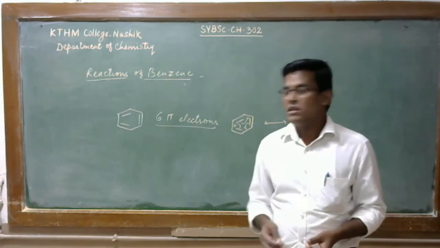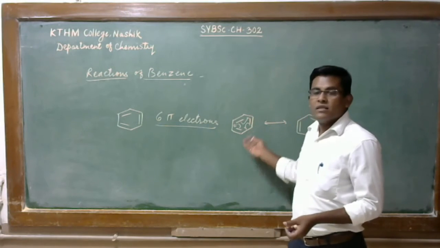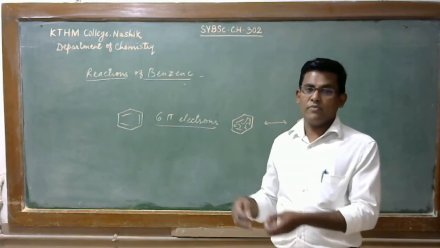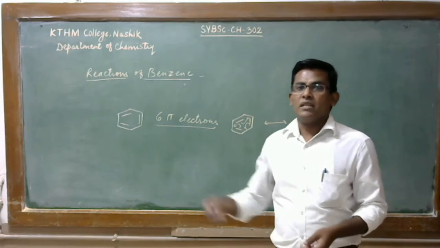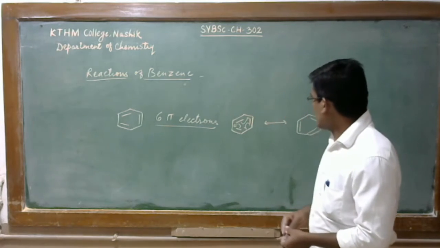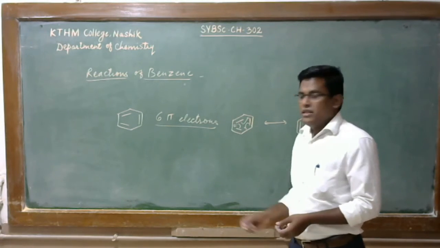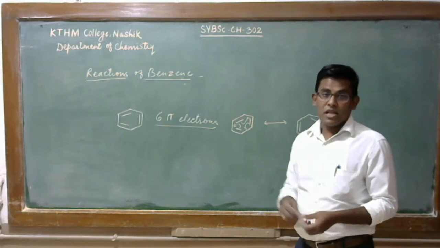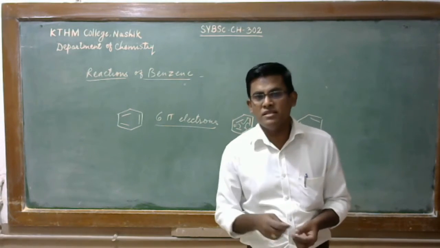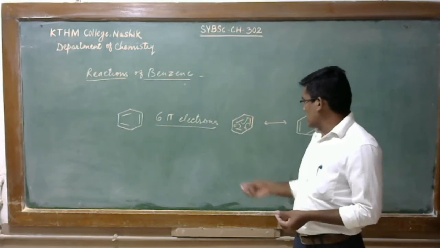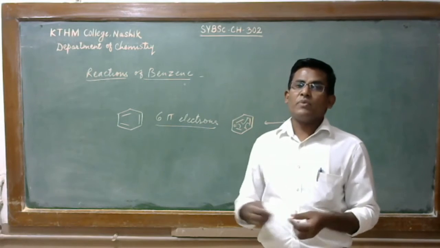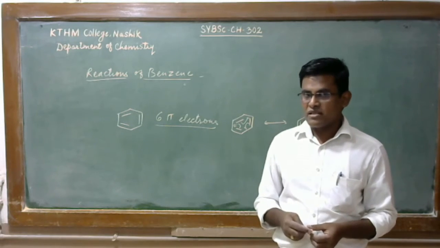That means these pi electrons are easily available for donating to the electrophiles. So this benzene ring serves as the source of electrons. That means this benzene acts as a base. So typical reactions of benzenes are the electrophilic aromatic substitution reactions.